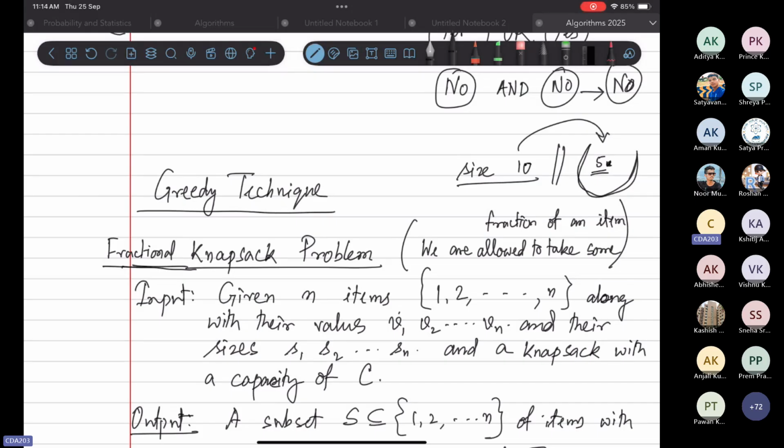Or in simple terms, you can assume that the items are kind of liquid items; you can take some amount of that. Is this clear?